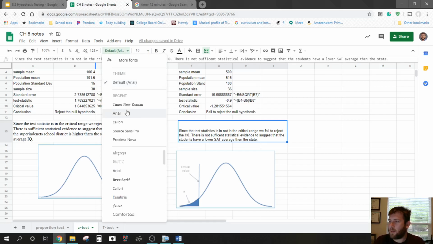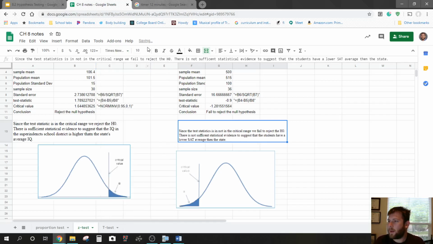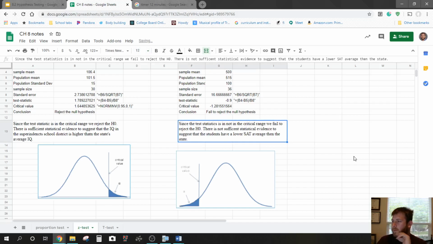Since the test statistic is not in the critical range, we fail to reject the null hypothesis. There is not sufficient statistical evidence to suggest that the students have a lower SAT average than the national average.